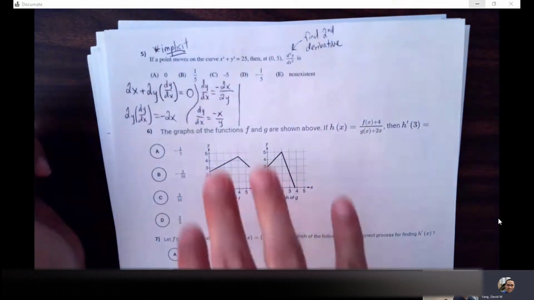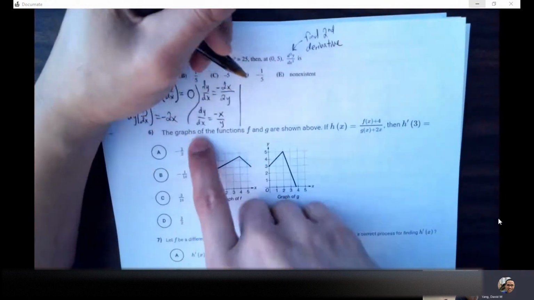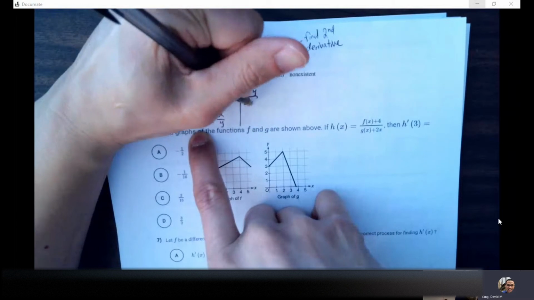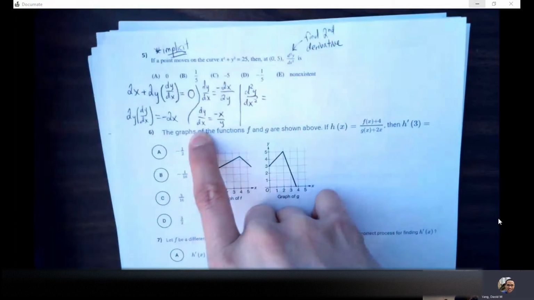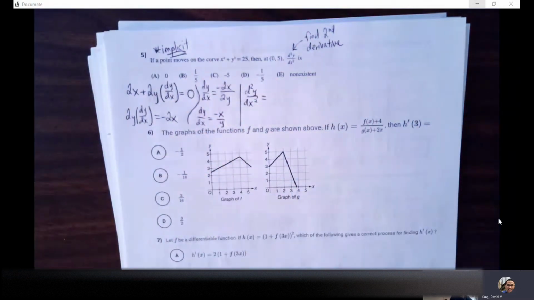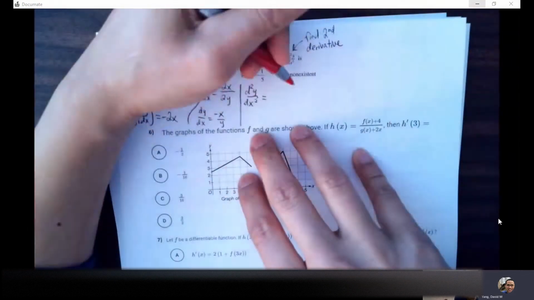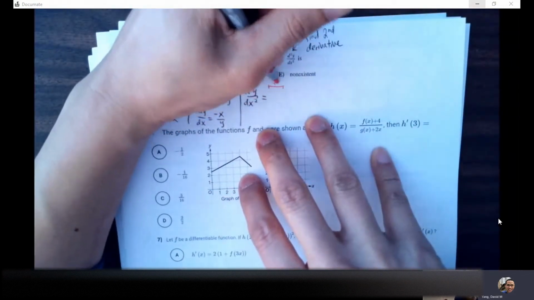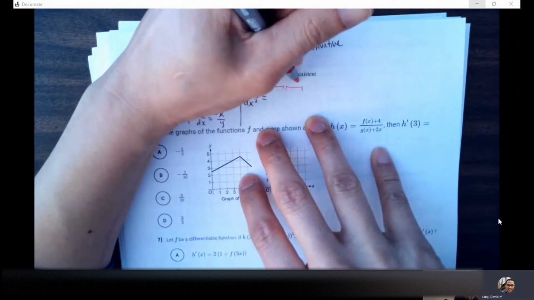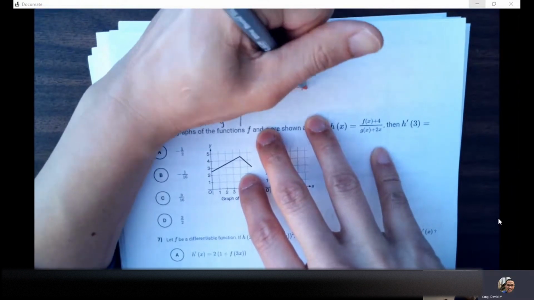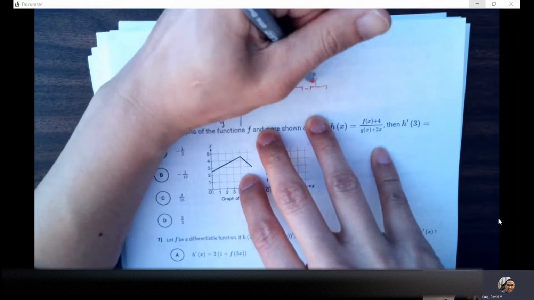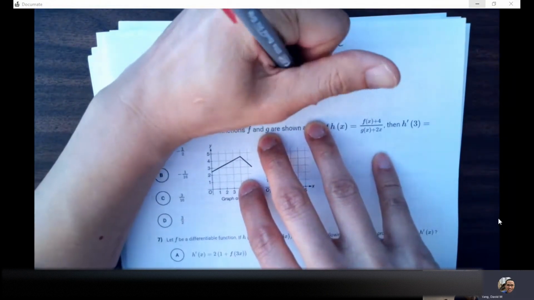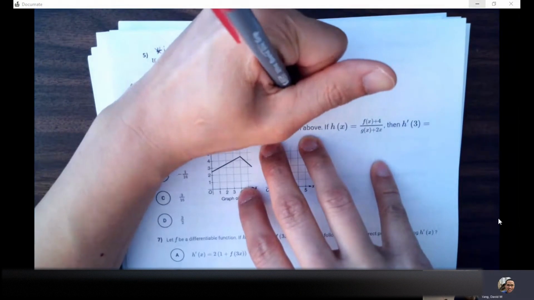So go through quotient rule. dy dx becomes d2y over dx2 because we're now ready to find the second derivative. And let me identify quotient rule here: f prime times g minus f g prime, all over g squared.